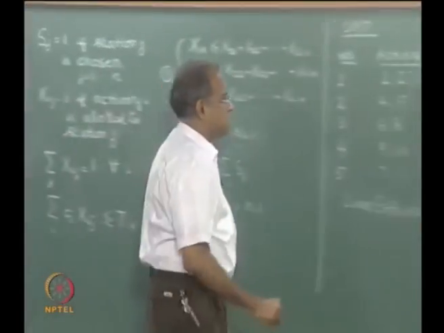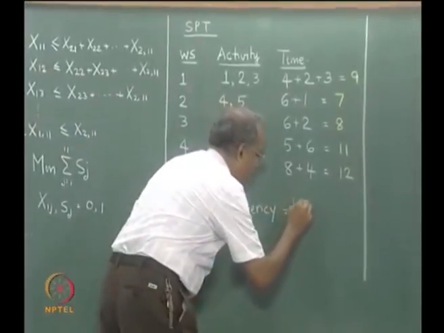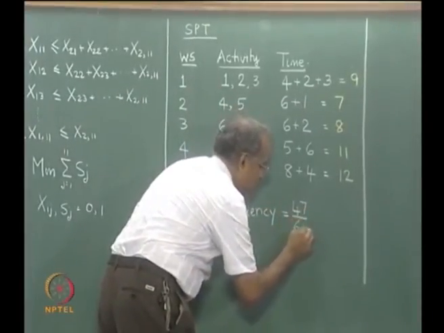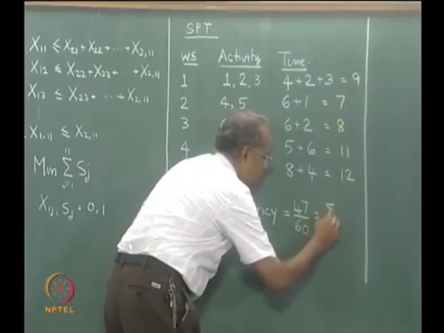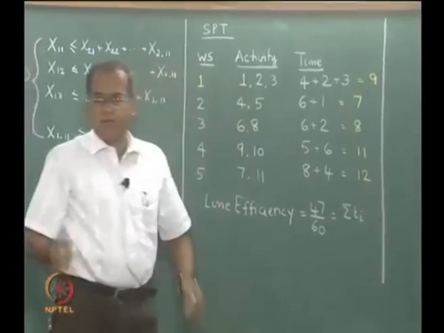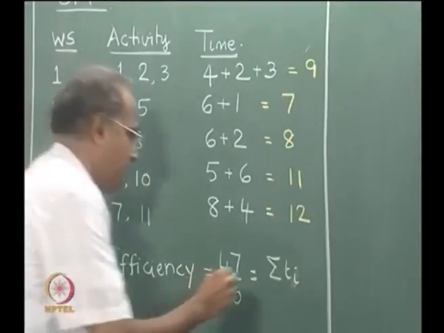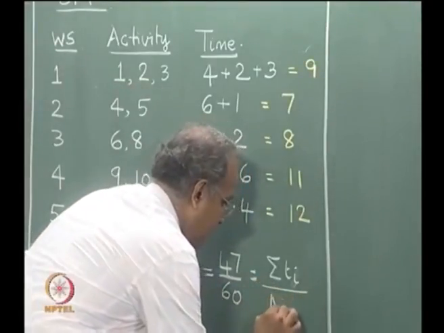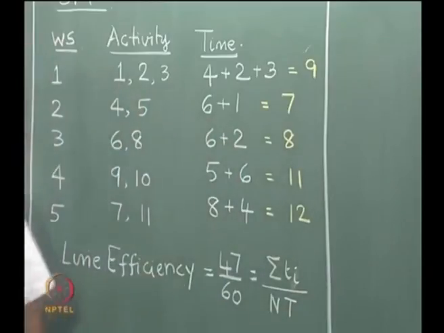So line efficiency is 47 by 60, or in general it is sigma Ti, sum of the activity times, divided by n into T, where n is the number of workstations chosen and capital T is the cycle time.